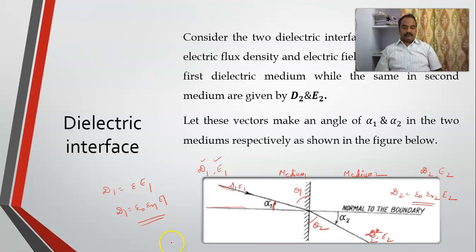So this is the scenario which I am considering: the flux densities and field intensities in the two mediums with their vectors making angles of alpha 1 and alpha 2 to the normal to the boundary. Now I will start applying these equations one by one.